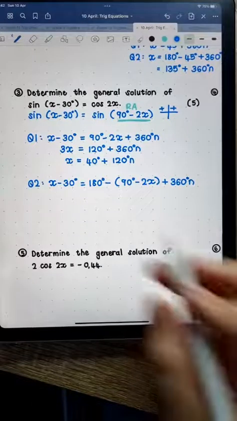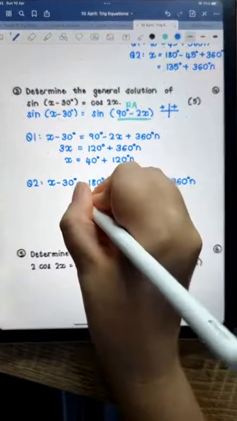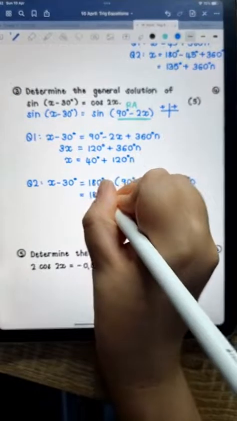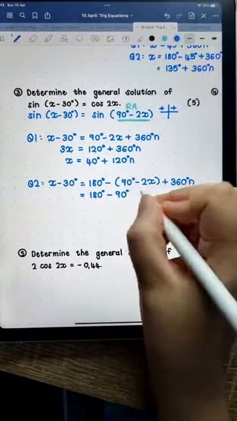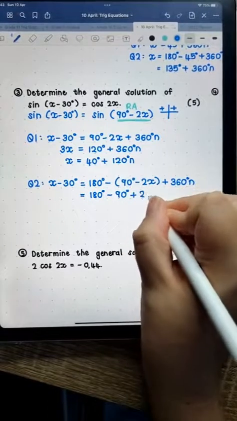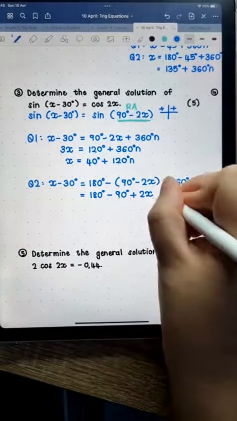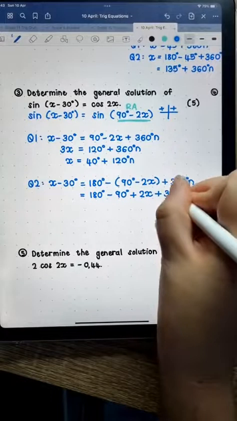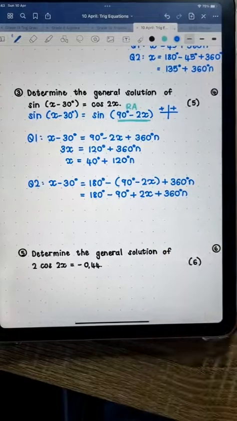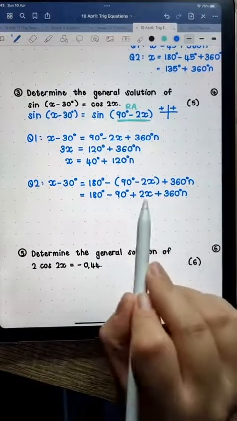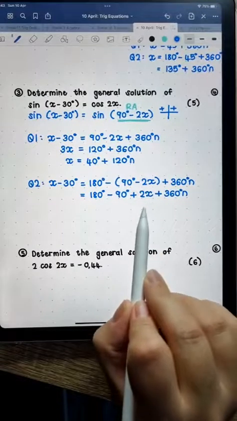Now before we start moving things across, let's actually just multiply out these brackets. So minus 90, that's a negative 1. When I multiply it by negative 2x, I get positive 2x, plus 360n, or whatever you use. Now I'm going to start moving things across. This plus 2x, I'm going to move across to that side.